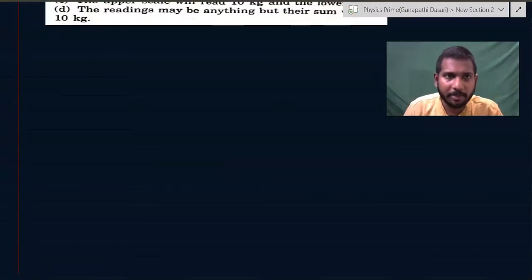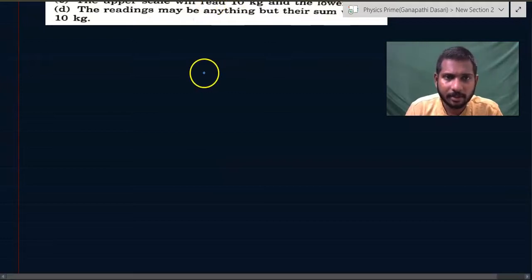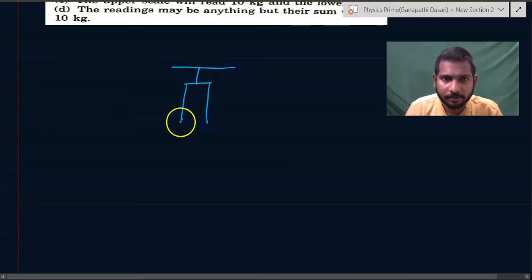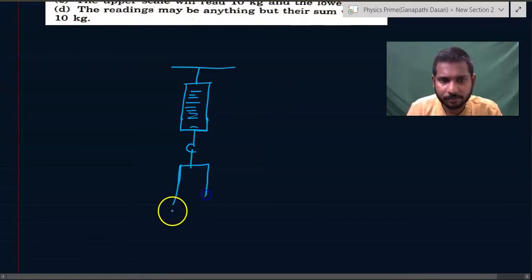I'm redrawing the diagram here. There is a spring balance. There's another spring balance. There's a block of 10 kg.